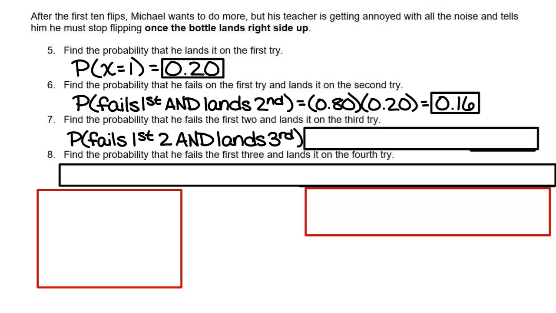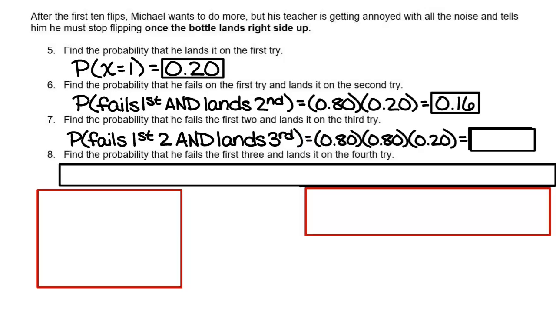What's the probability he misses the first one? 0.80. Misses the second one? 0.80. Lands the third one? 0.20. So we're going to take 0.80 times 0.80 times 0.20. What's this one come out to?